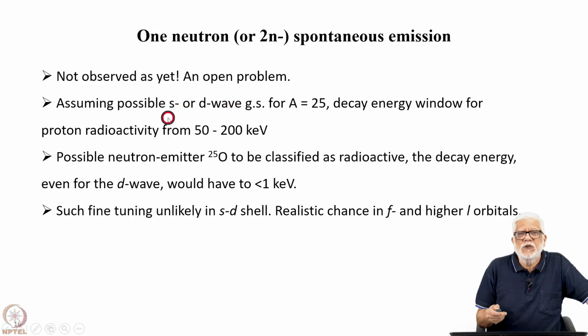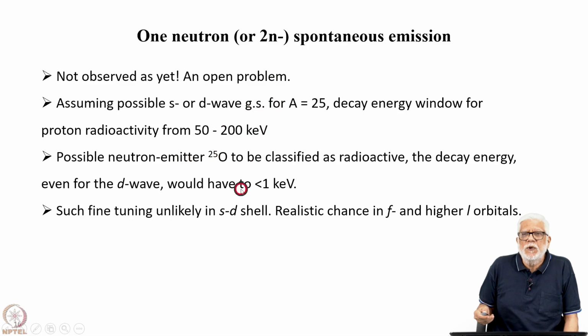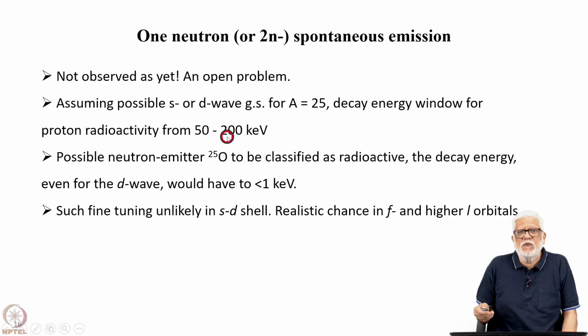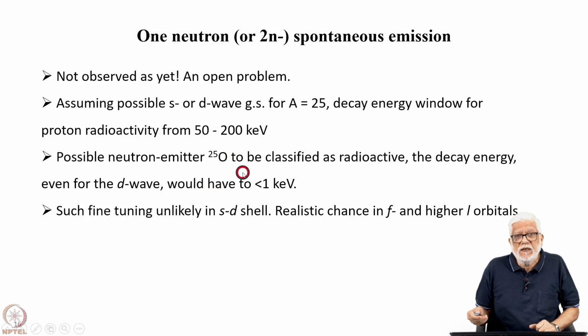And so assuming that you have a D wave, then in A equal to 25, for instance, you could have emission of up to, so this is for proton emission of course, but you could have such emission from 25 oxygen in principle. 25 oxygen has 8 protons and something like 17 neutrons. So, it is close to the drip line, but this time the neutron drip line.